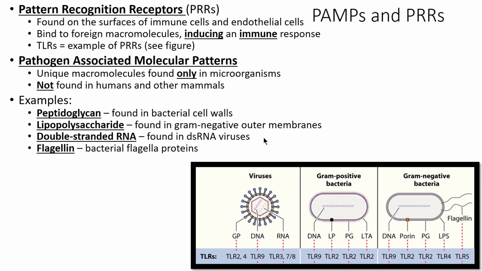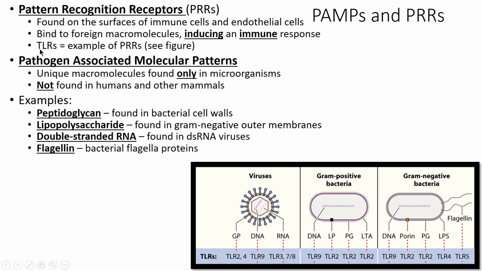Another example that's relatively common is flagellin. Flagellin is a specific type of protein found in bacterial flagella. There are many other examples; these are just some of the most common. This figure here, which comes from the web, gives you some abbreviations that show you what parts of the virus or bacteria we're looking at. And then this down here tells us what type of pattern recognition receptor it binds to.